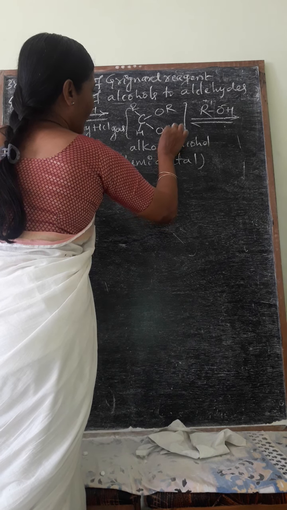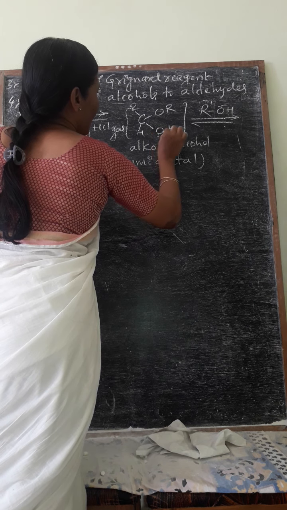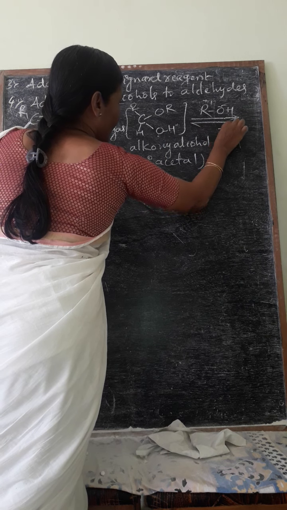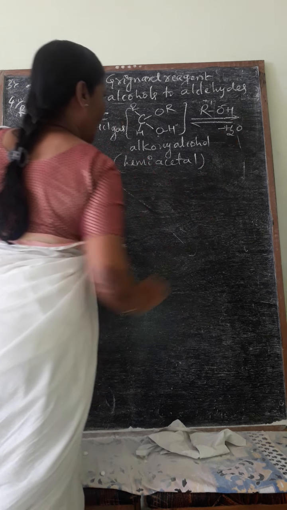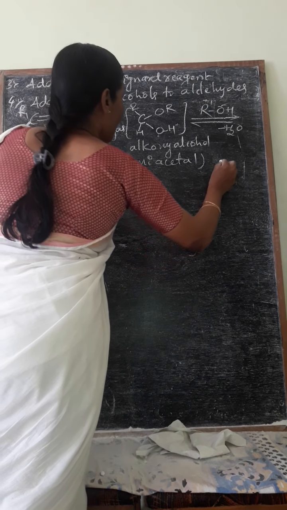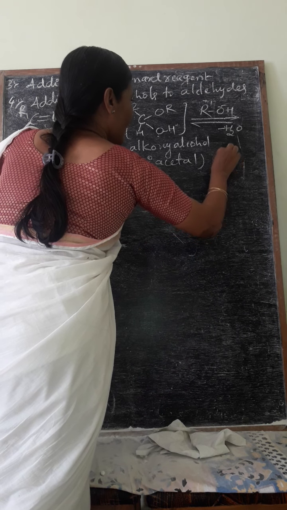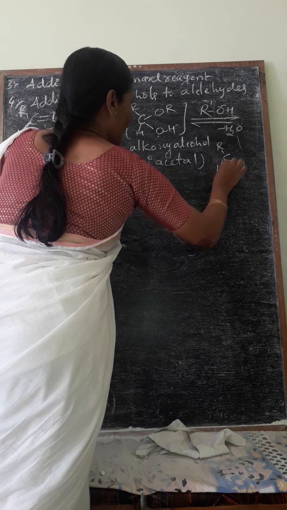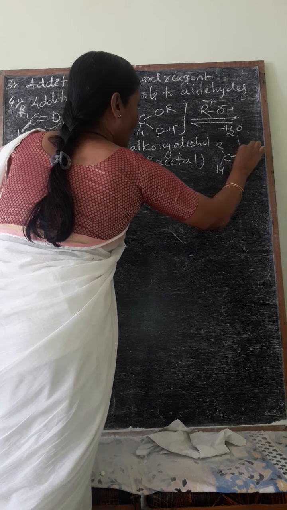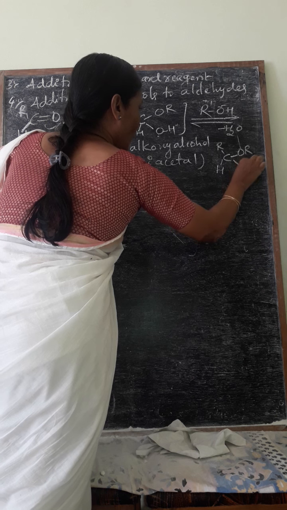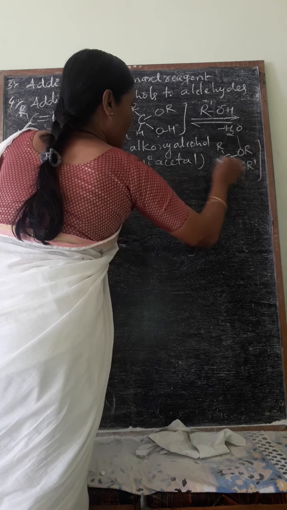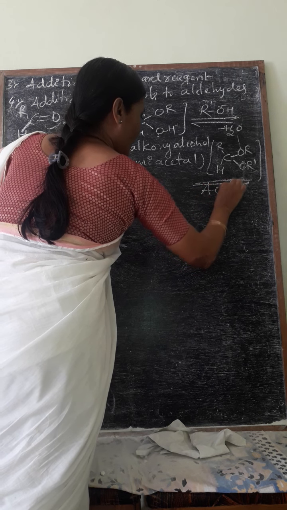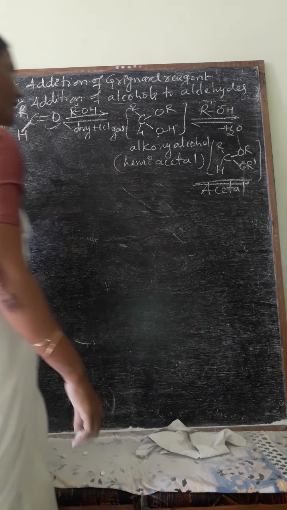Here the bond breaks, so O minus H plus and OH minus combine and H2O is eliminated. And the remaining, I will take this as C, R as it is, and H as it is, OR and OR dash. This product is known as acetal.